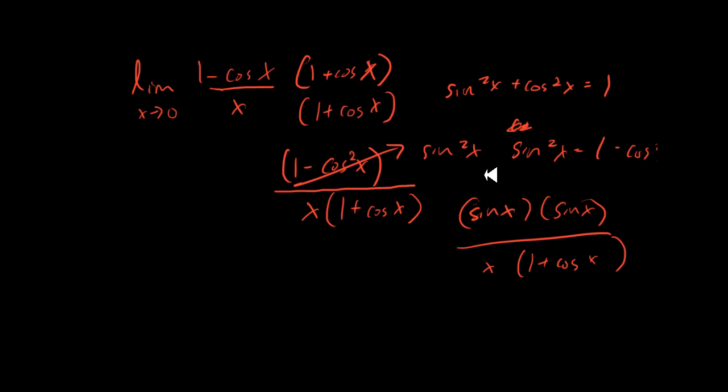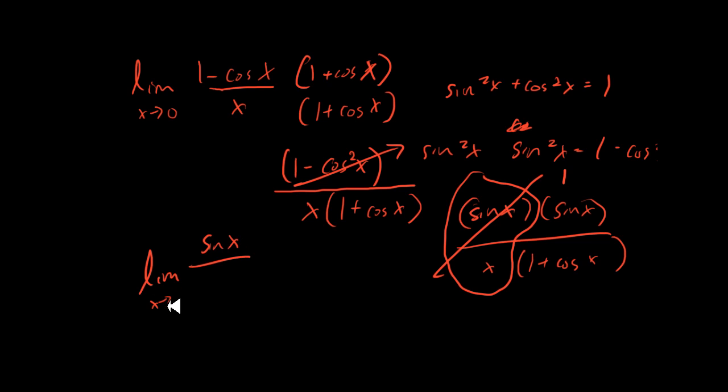You can take the sine x over x part and cancel it because it equals 1, and you know that because of the previous special limit we learned, that sine x over x equals 1. What is left over is the limit as x approaches 0 of sine x over 1 plus cosine x.